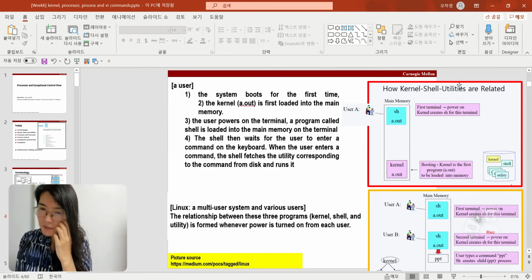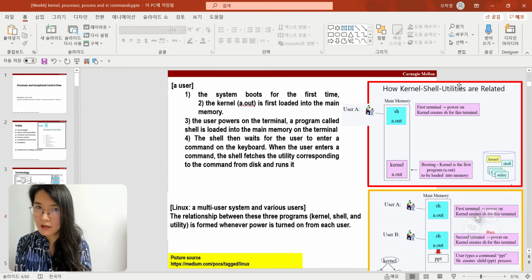Okay, this page is very important because even though most students learned the computer structure and system, someday they can forget each exact definition of kernel, shell, utility.